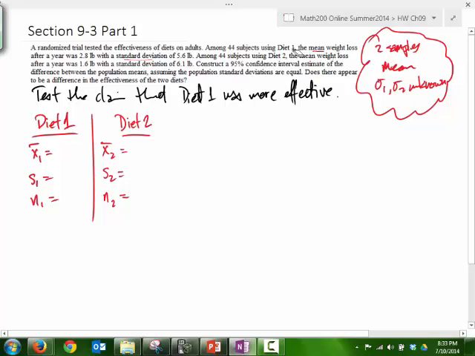Diet 1 has a mean weight loss of 2.8 pounds, standard deviation of 5.6, and there was 44 of them for diet 1. Diet 2, another 44 of them, this time with a mean weight loss of 1.6 and a standard deviation of 6.1.